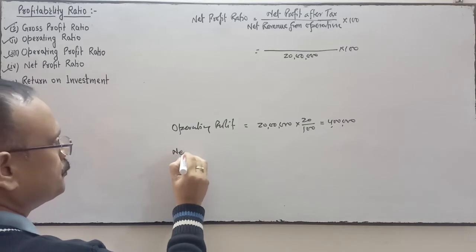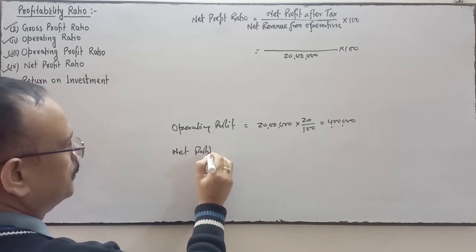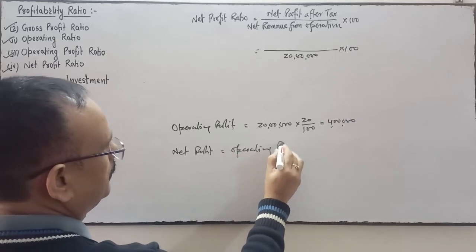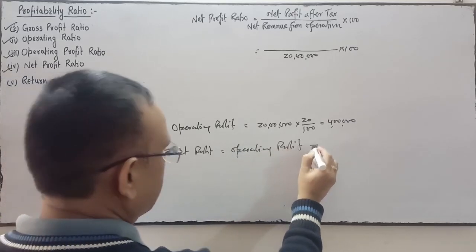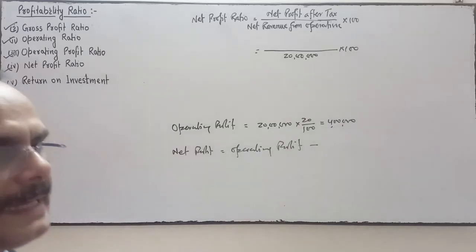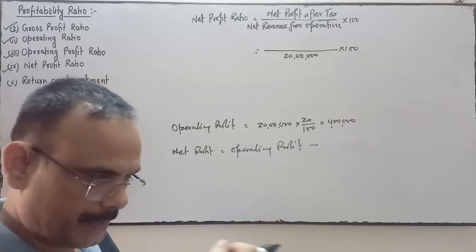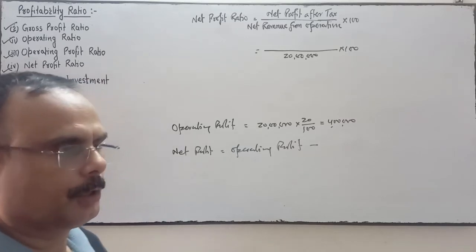So net profit is equal to operating profit minus non-operating expenses plus non-operating income. Deduct non-operating expenses and add non-operating income.